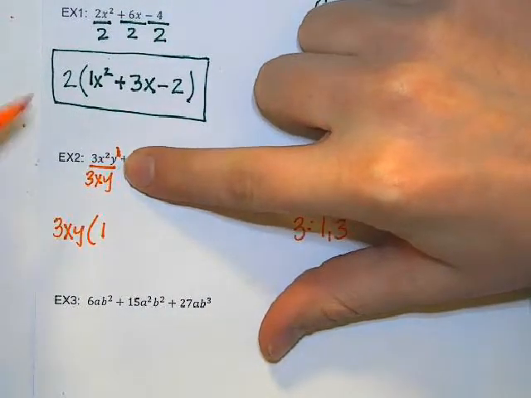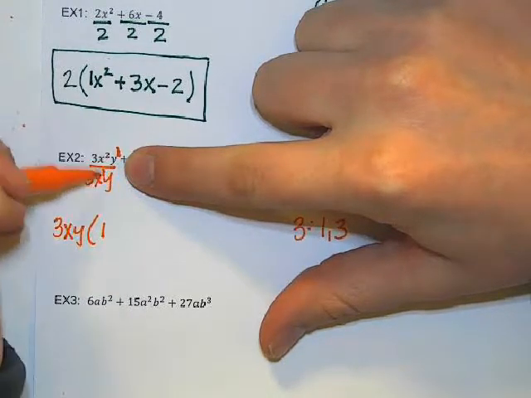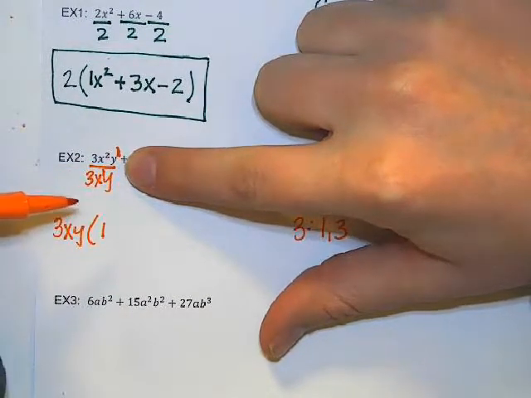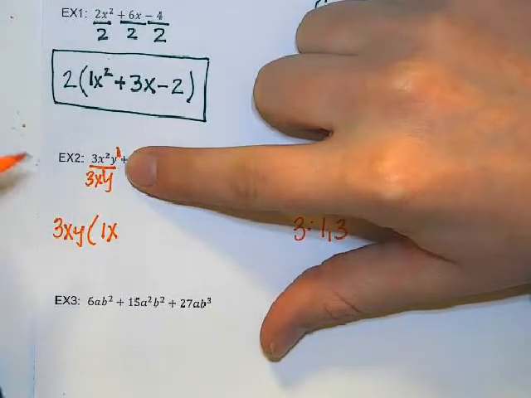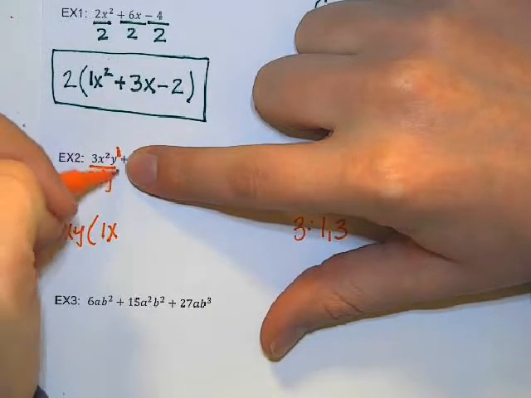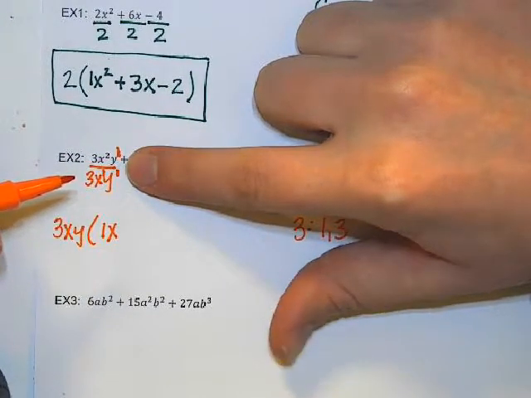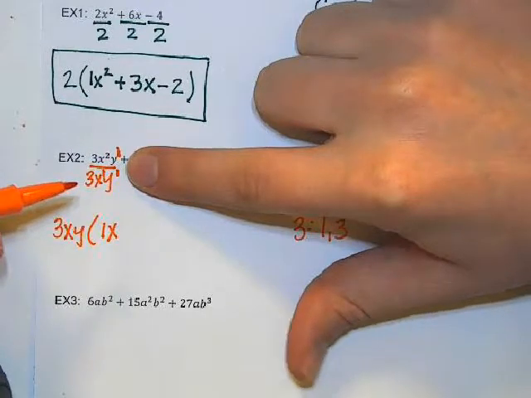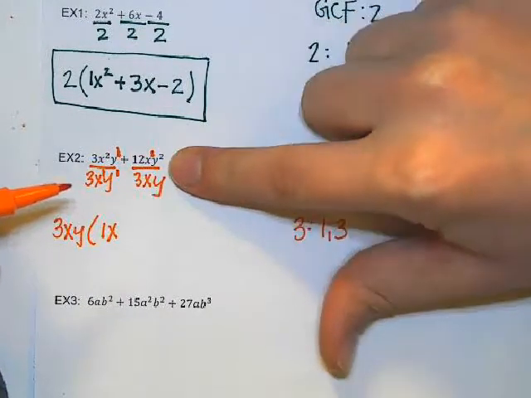Okay. Then I've got a 2 exponent and a 1 exponent. What's 2 minus 1? 1. So how many x's am I going to have? Just regular x. Then my y's is 1 minus 1 gives me 0. So if I get 0, do I write a y? No. Okay. Then we move to the next set.